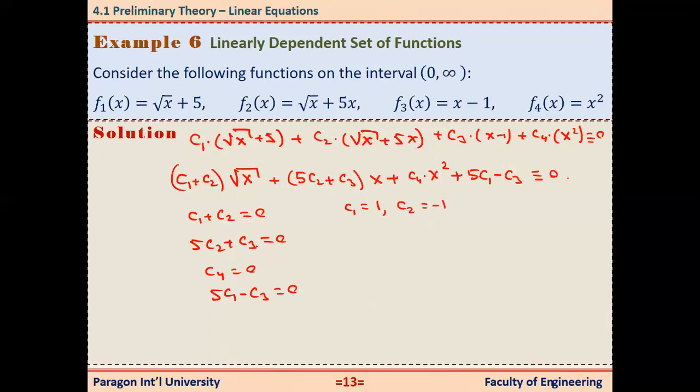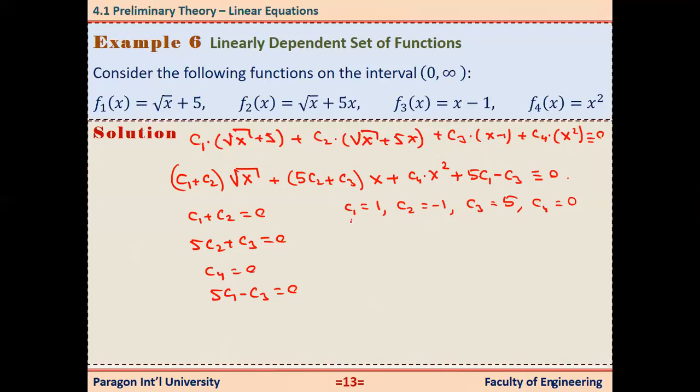And from this equation, c3 equals negative 5 times c2, and c2 equals negative 1, so c3 is equal to 5. And c4 is equal to 0. So if I substitute here 1, negative 1, 5, and c4 equals 0, this thing will be identically equal to 0, right?